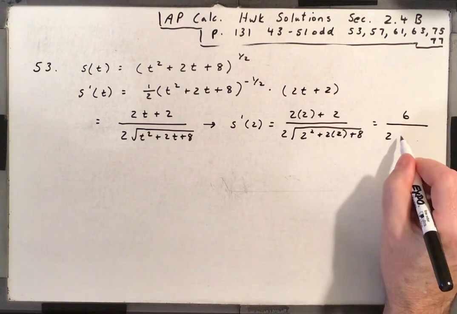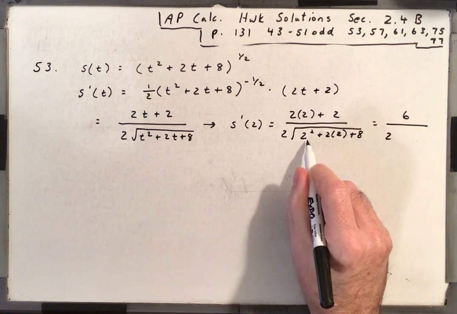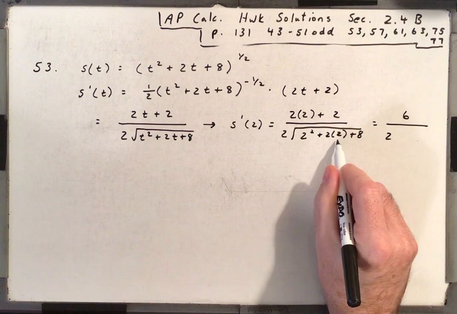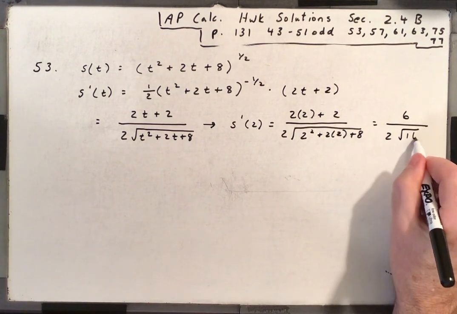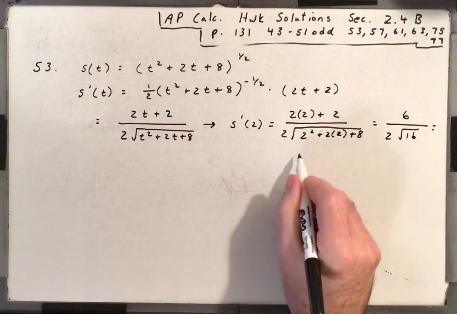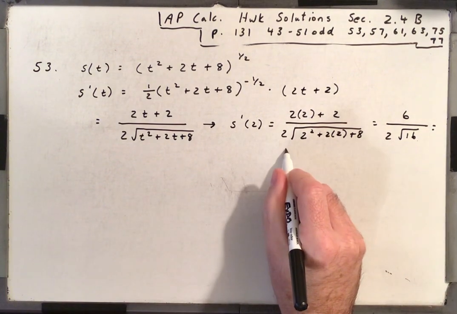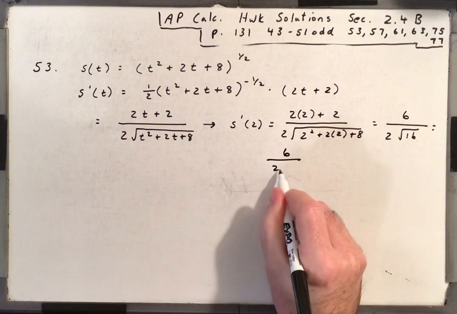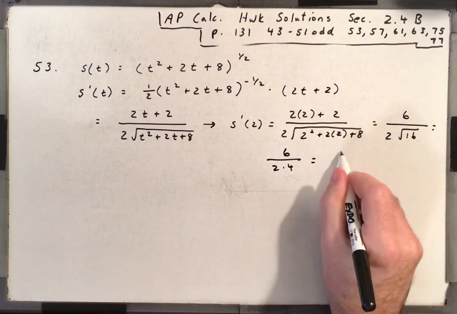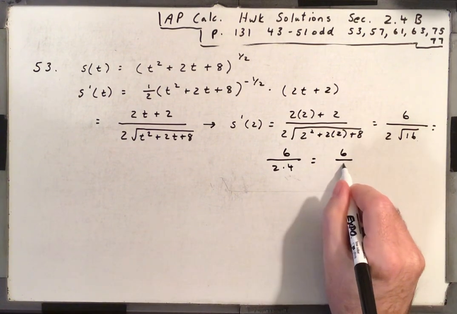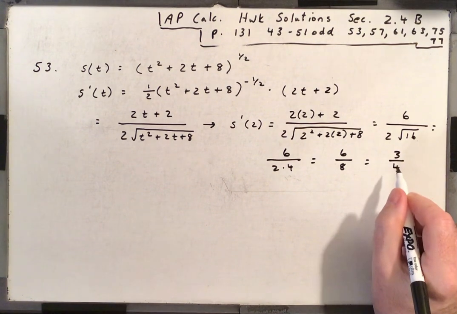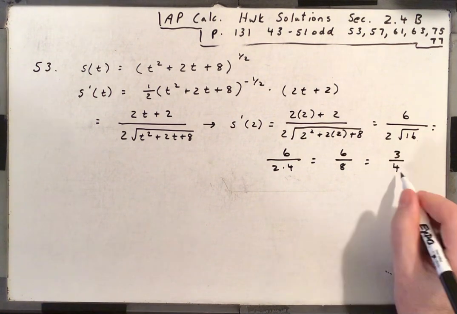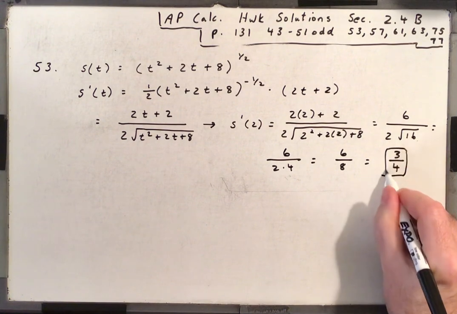And then 2 times the square root of 4 plus 4 plus 8. So square root of 16. So that's going to be 6 over 2 times 4. So 6 over 8, which would reduce to 3/4. And let me check. Yep, that is the answer.